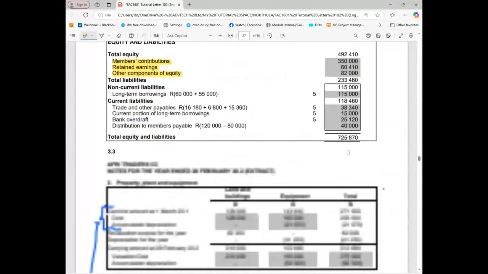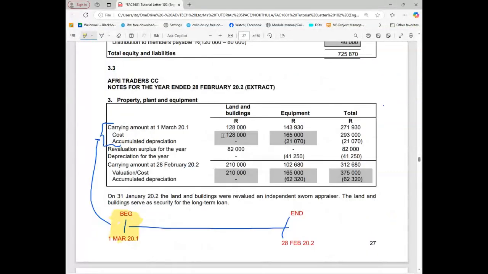Can you see here? 128, 165. They just add them together to find the total. Remember, these are the given balances, so we are putting them as they are.